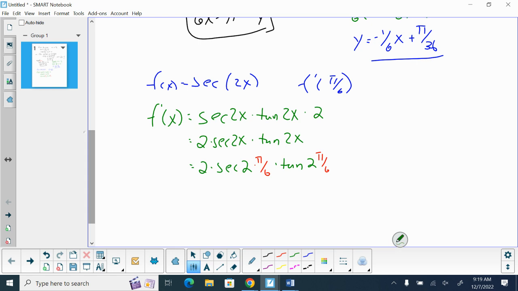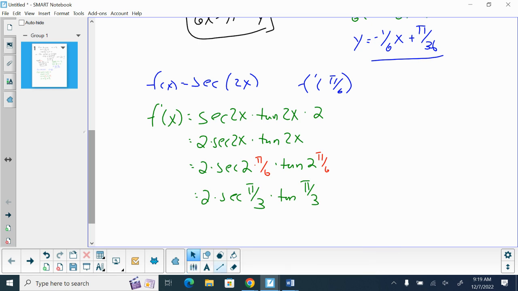Well, if I multiply 2 times pi over 6, that gives me pi over 3. So if I take a look at my 30-60 right triangle, maybe.